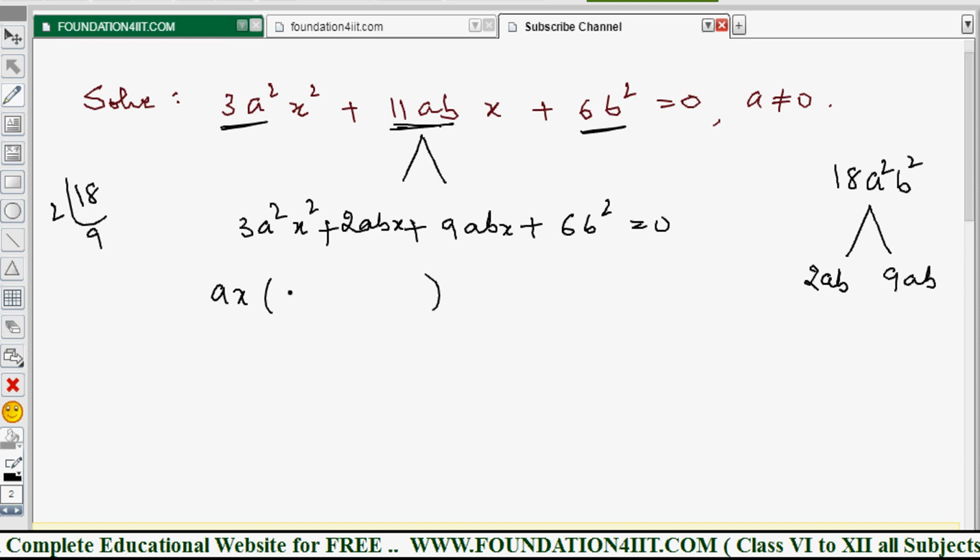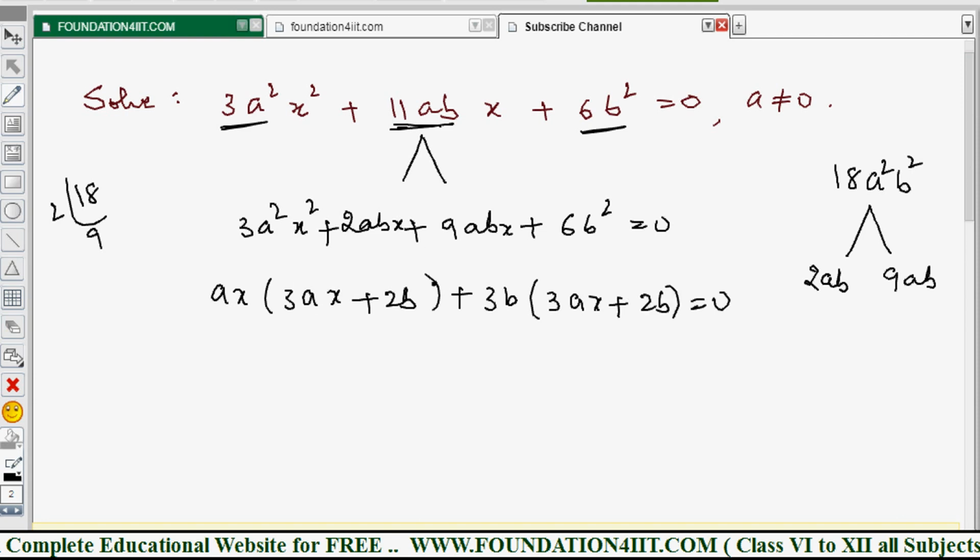Ax common means one more 3ax is left. Only ax, so 1a 1x, that means 3ax. 2abx, ax common means 2b, right? From 9abx plus 6b square, we can only take 9 and 6, so 3 table, so 3b if I take one more 3 and ax plus this is 2b.